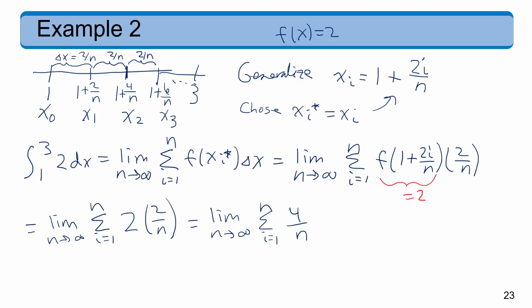Now let's look at the sum part. So let's keep the limit sign. Now the sum says i goes from 1 to n. So what you do is you plug i equals 1 into here, and then you do plus, and then you plug i equals 2 into here, plus, plug in i equals 3, until you get to the end. But notice there's no i in here at all.